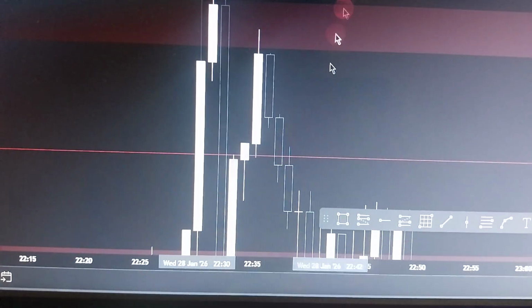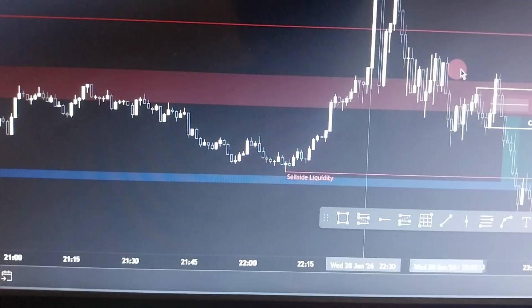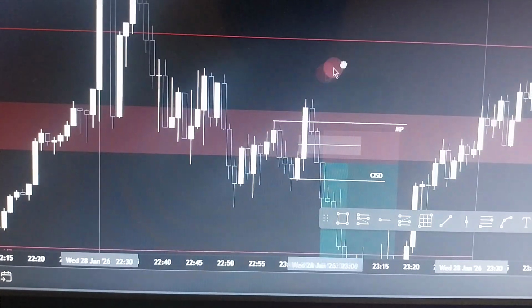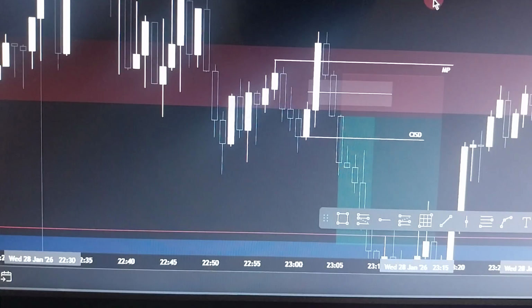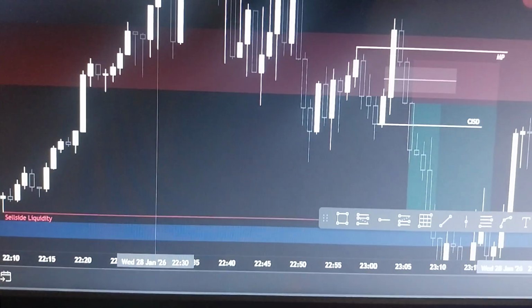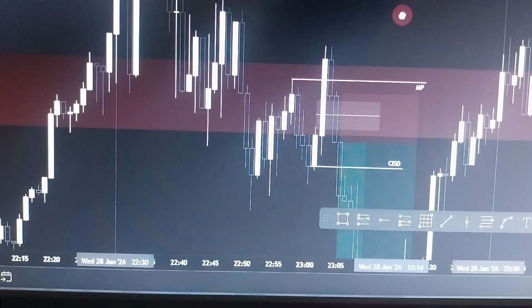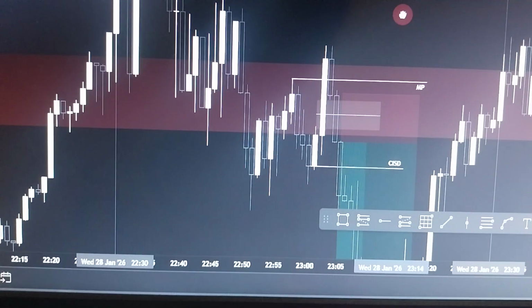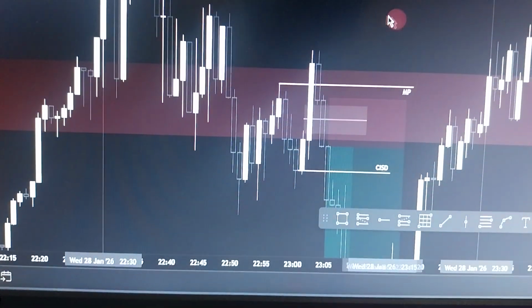We have no clear manipulation, clear change in state. So you need to wait. And remember, always follow your setup, your model you formed, strictly. Don't break it, because if you break it, you will develop the habit of following a lot of variables that are not in your favor.